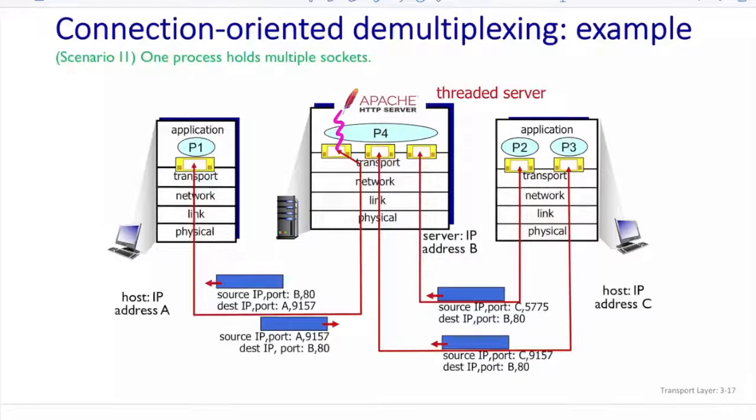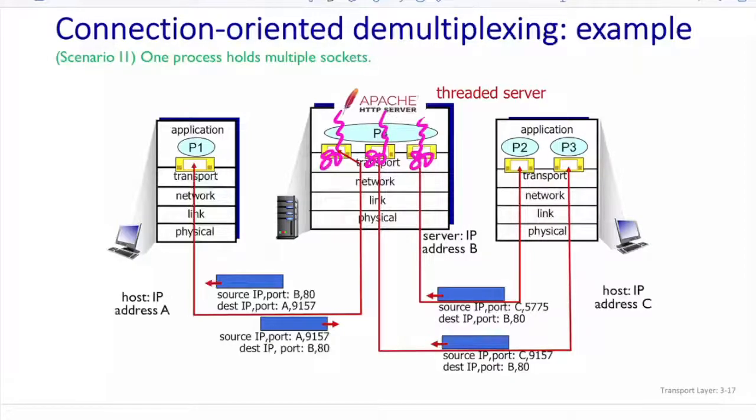We draw a thread server like this. Those threads are somehow independent of each other, so each thread can get a socket object and use the socket object to communicate with the remote processes.